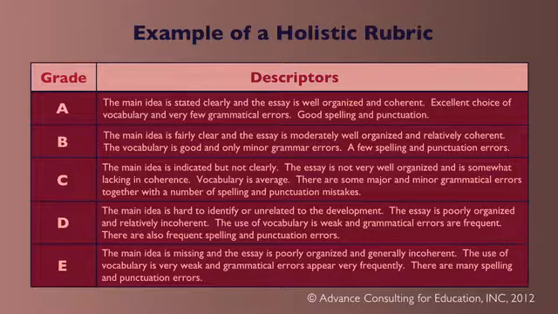If you take a look at the top row next to the grade of A, you can see that the descriptors include excellence in content, as well as organization, vocabulary range, as well as spelling and punctuation, and there's even a comment about coherence in there. So that's a lot of information to contain in a single description of proficiency. And you can see that this perhaps leads to the weakness of this particular rubric.